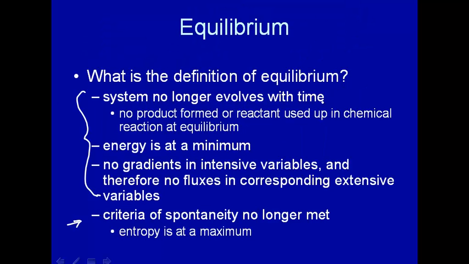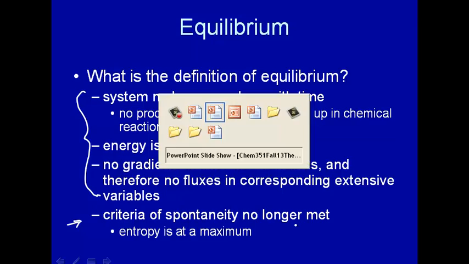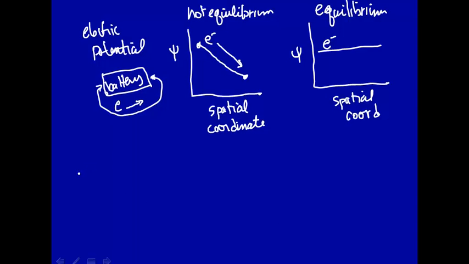And now finally, given our criterion of spontaneity that we talked about two lectures ago, we said that a criterion of spontaneity is that entropy increases. So for a spontaneous process, dS of the universe or an isolated system is greater than 0.